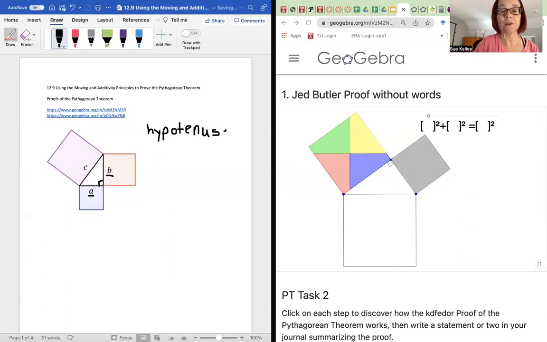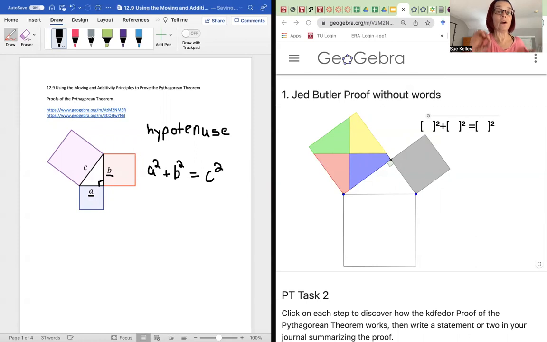So sorry about my writing, but that is the hypotenuse. And C is always going to be the hypotenuse. Okay. And so when we label our sides this way, the Pythagorean theorem looks like this: A squared plus B squared equals C squared.